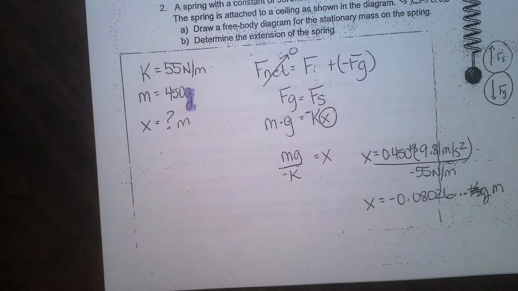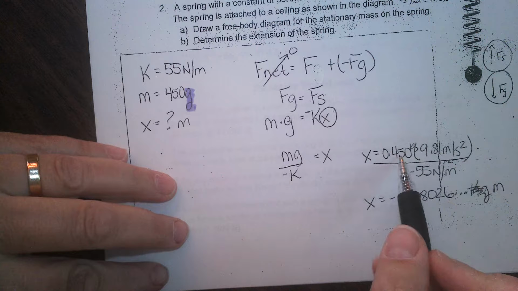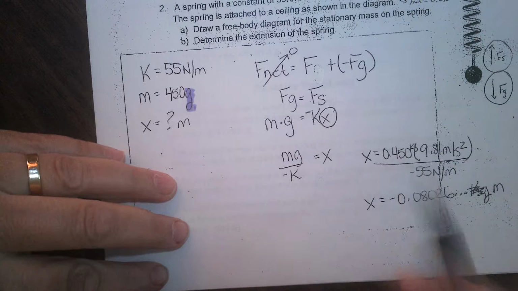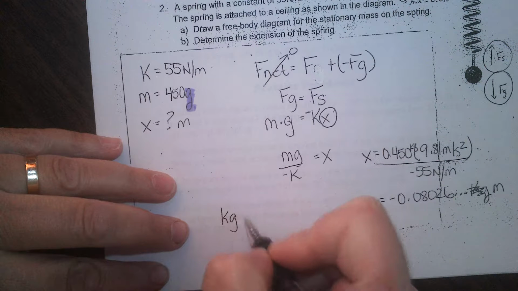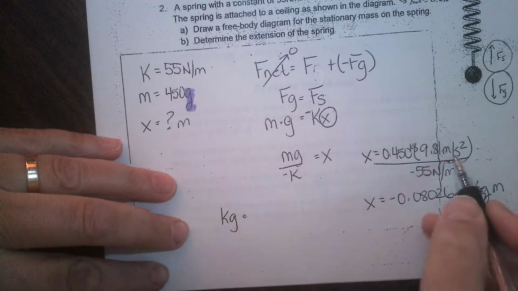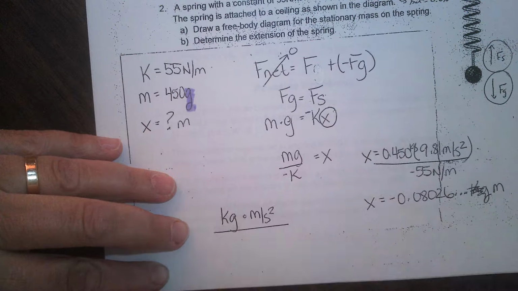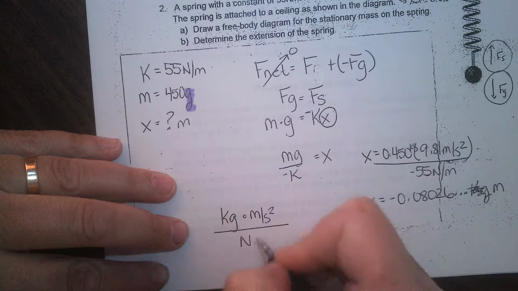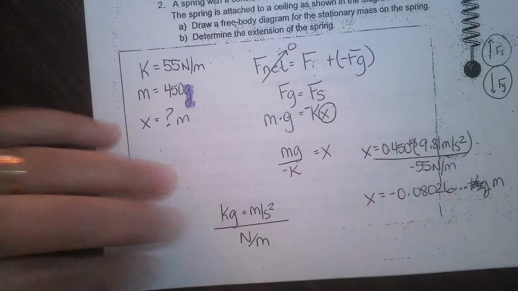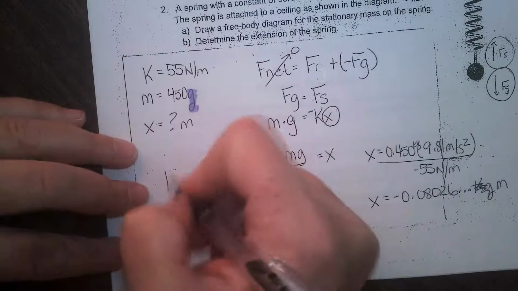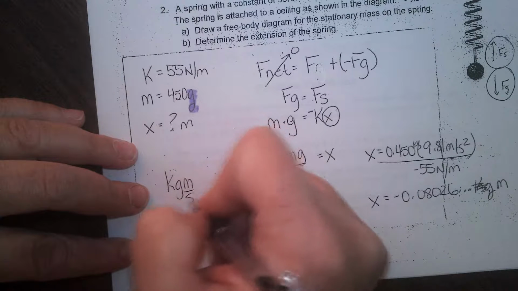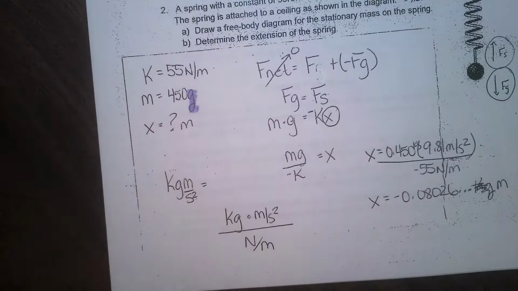Before we go into significant digits, let's look at the unit analysis on this. The unit for the 450 grams converted is kilograms. Then we multiplied it by acceleration. And then we divided it by a newton divided by a meter. Kilograms meters per second squared are the base units for what main unit?